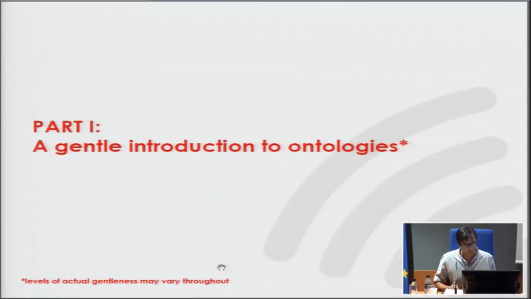Okay, so without any further ado, let's move on to the first part. And I've tried to make this as gentle as possible, but obviously I'm only going to be able to skim the surface of lots of different ontology-related topics, so I can't really go into as much depth as I'd like.